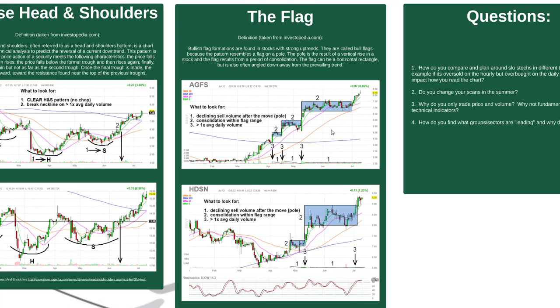So that's where there's different versions of flags, and we can look at a couple of those again when we get done. But you'll have the falling flag, rising flag, or bullish flag, bearish flag, and then you've got the descending and the ascending, and then you've got your wedges, and then some people call them a box. I just look at a big move, consolidation near the highs, and then track it for volume.